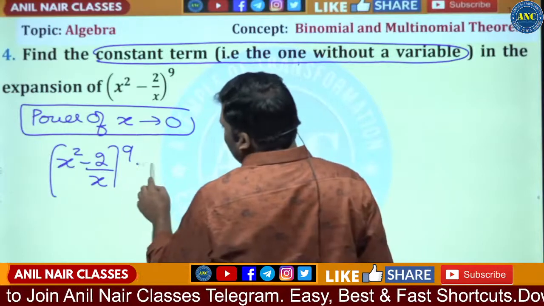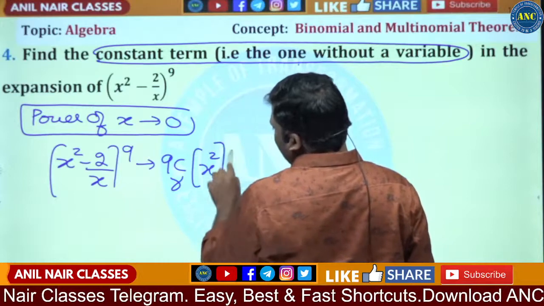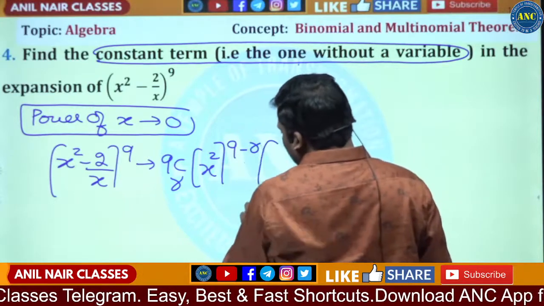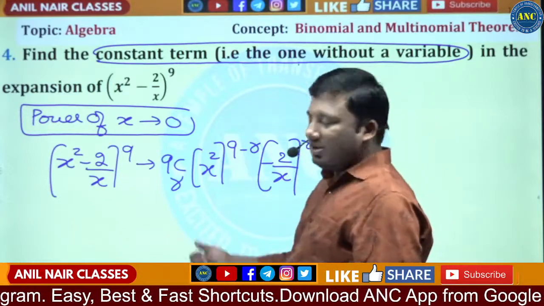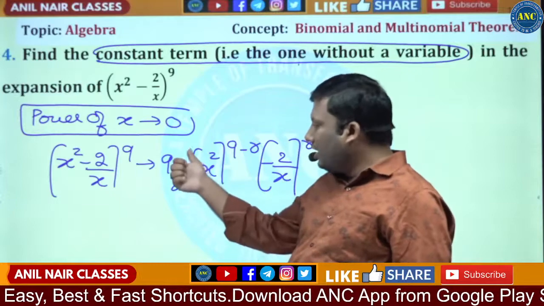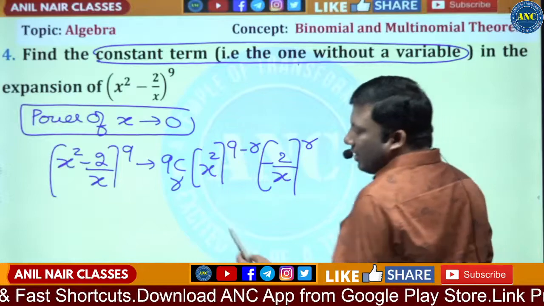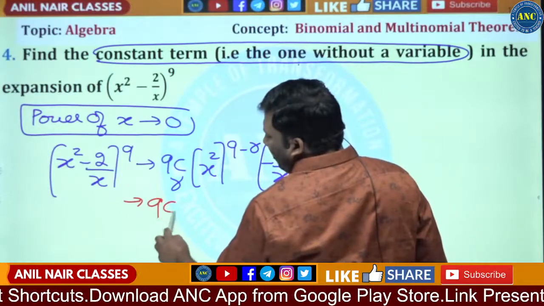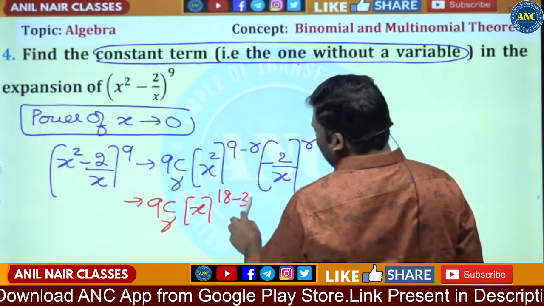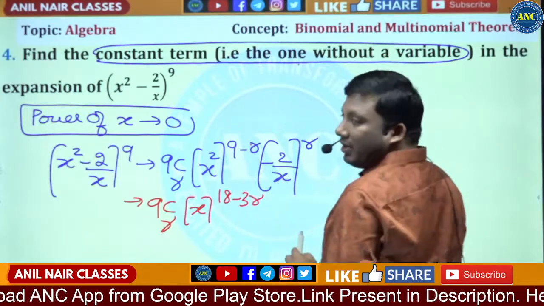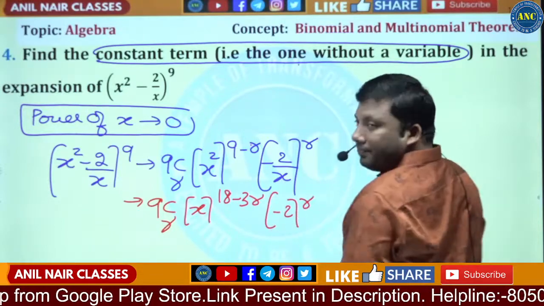The generic term is T(r plus 1) equals nCr x power (n minus r) y power r. So this becomes 9Cr (x square) power (9 minus r) into (minus 2 by x) power r. This becomes 9Cr x power (18 minus 3r) into (minus 2) power r.